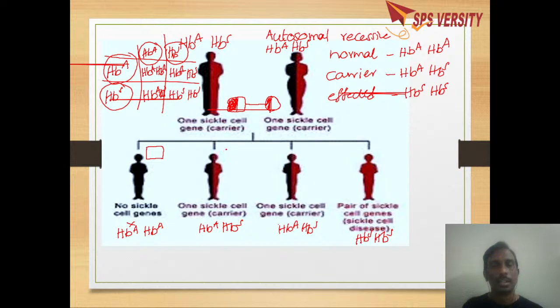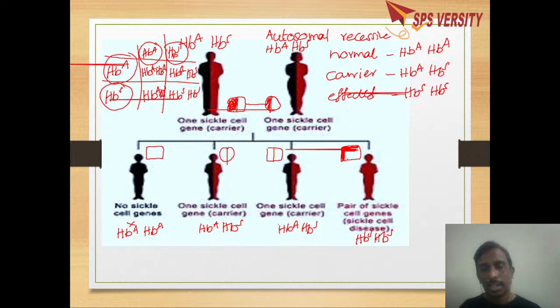Observed. And he is a carrier male. This one is suffering with sickle cell anemia, the box is completely filled with the color.